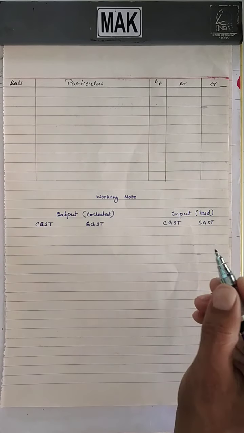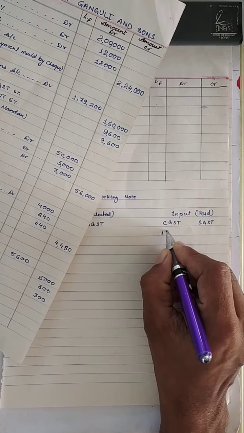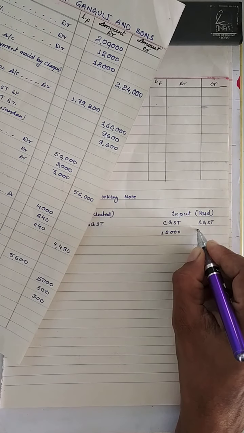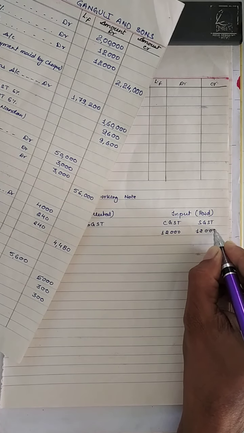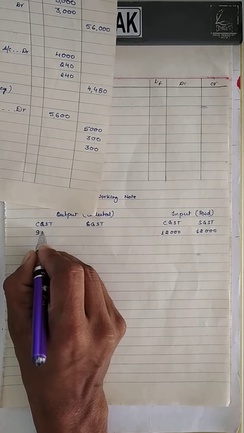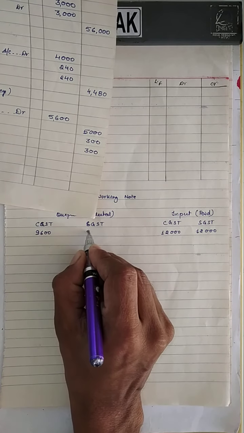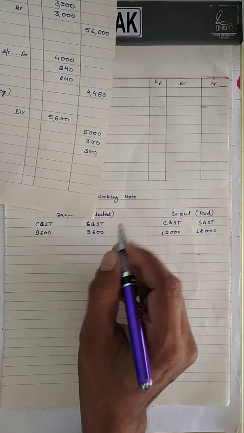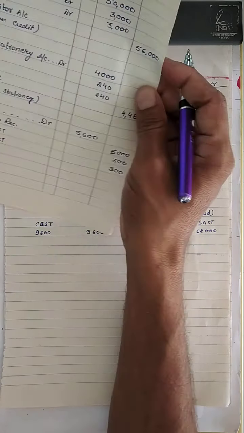Now see here, input we have 12,000. So input we will write here 12,000, and SGST also 12,000. Then we have sales output collected, 9,600 collected here and 9,600 collected here. Then again input paid, 3,000 paid here and 3,000 paid here.